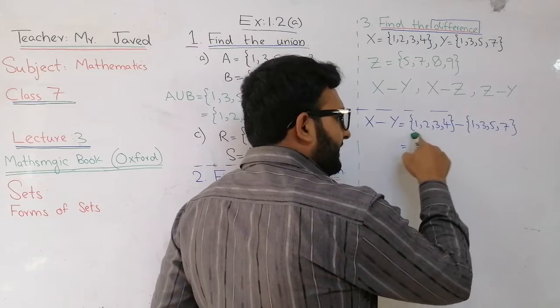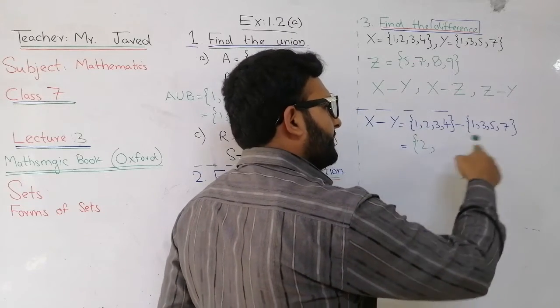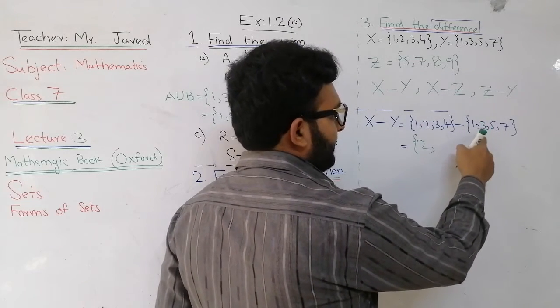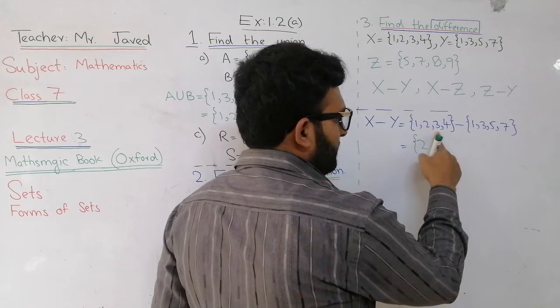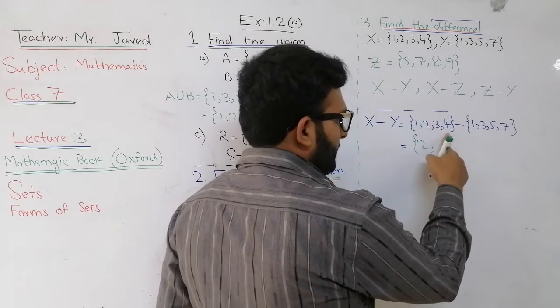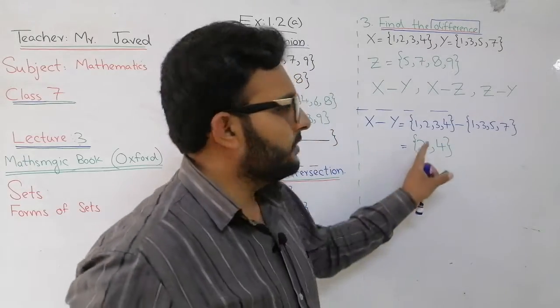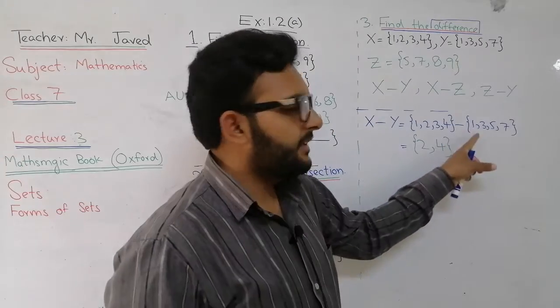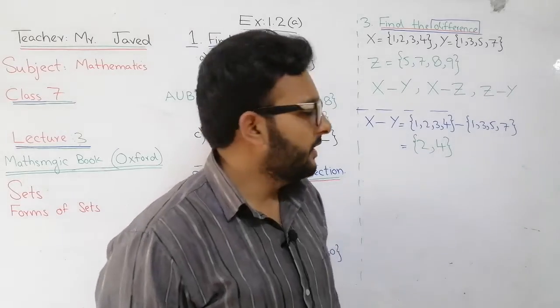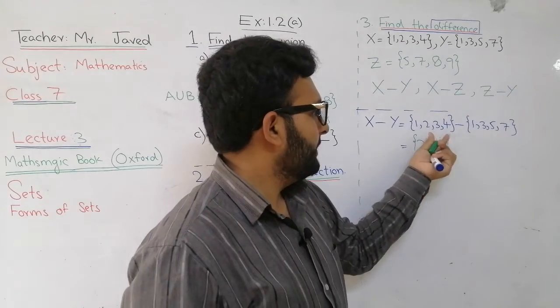We will write that element of the first set which is not present in the next set. 2, yes. 3 we will not write. 4, yes, we will write 4. We will write only those elements which are not present in the next set. Clear all of you? I hope you are clear.